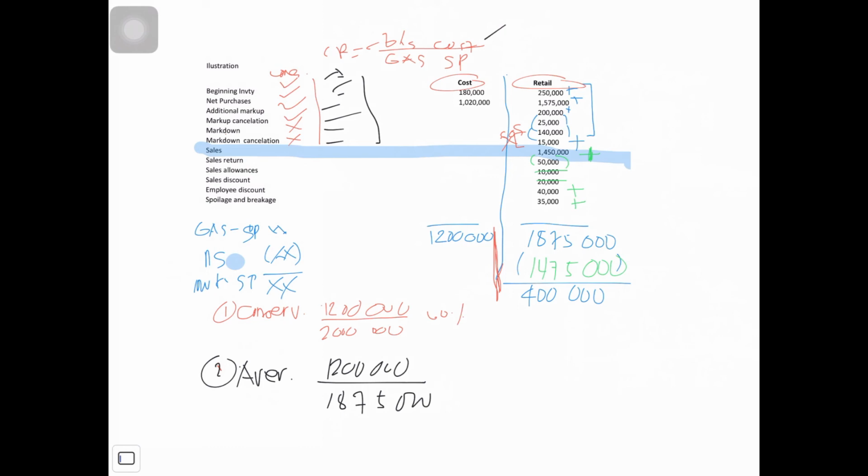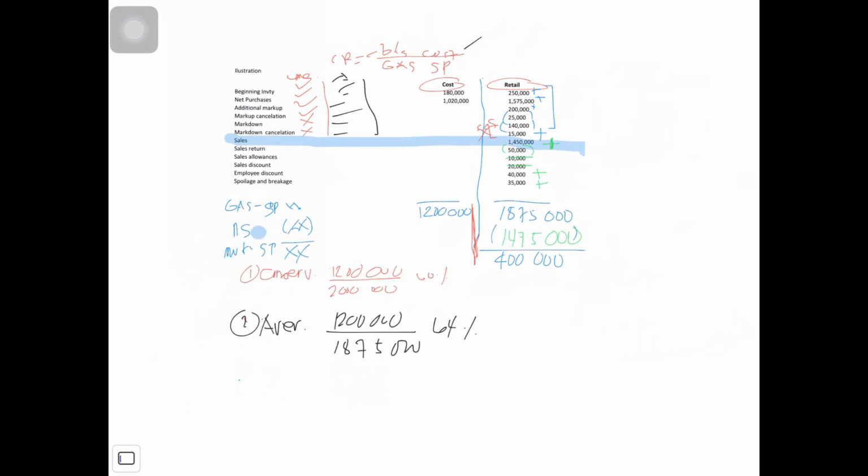For goods available for sale at selling price, we put all of them in for average. Beginning, included. Net purchases, included. Additional markup, included. Markup cancellation, included. Markdown, included. Markdown cancellation, included. So, all included, it would be 1,875,000. So, 1,200,000 divided by 1,875. We have 64%.